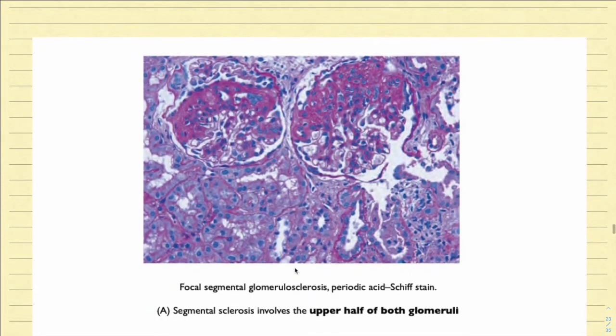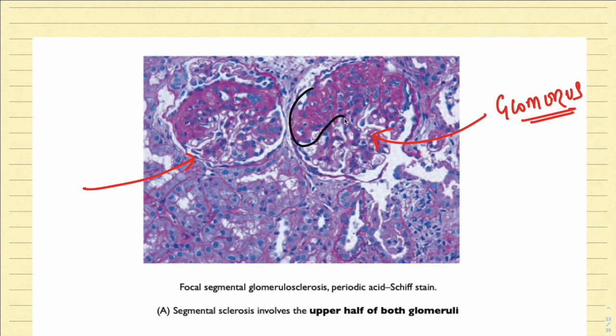Now in your exam, classically you will be given one diagram like this. First thing that I am going to ask you, tell me what is this? This is one glomerulus. Agreed or no? Yes, sir. This is another glomerulus. Now in this particular diagram, can you see that one glomerulus is involved but not completely?